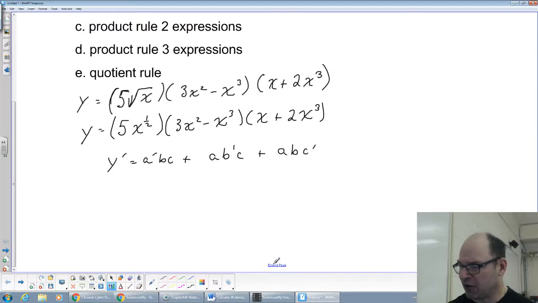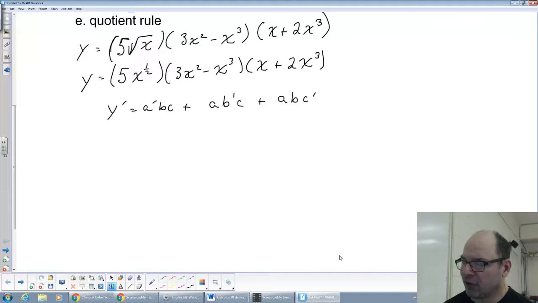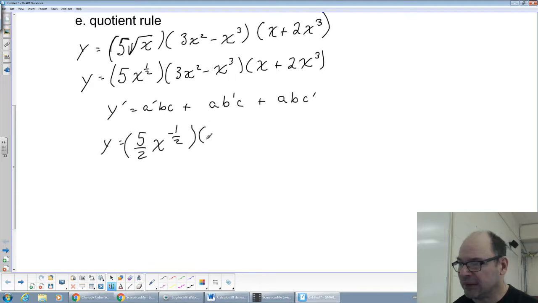And if I just want to leave it in a factored form, this one would be 1/2 times 5, which is 5/2, x to the power of negative 1/2 because we have to subtract. And then we have to multiply by B and C: 3x squared minus x cubed times x plus 2x cubed.